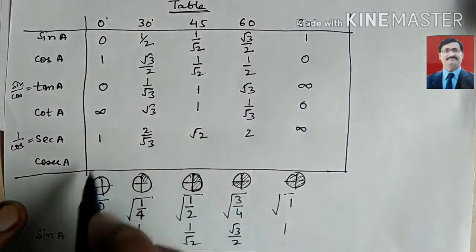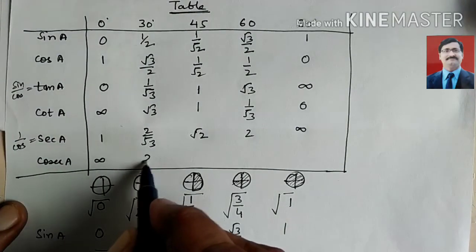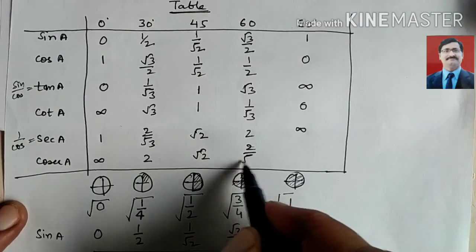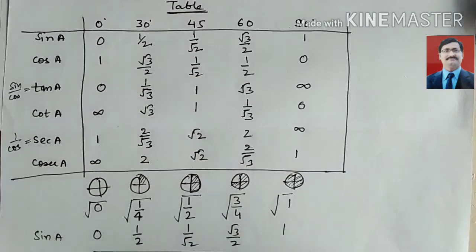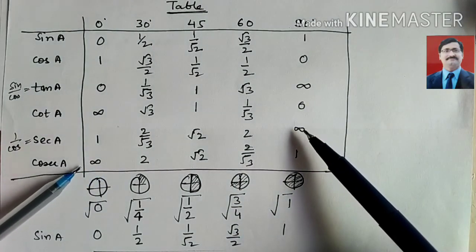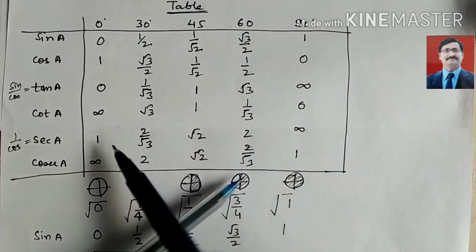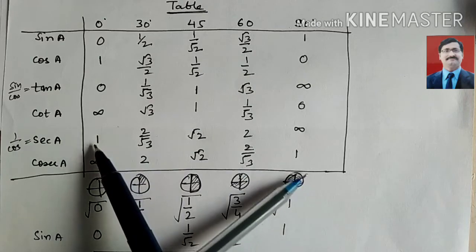Then you write it again: infinity here, then 2, then root 2, then 2 upon root 3, and 1. This way you can change this.